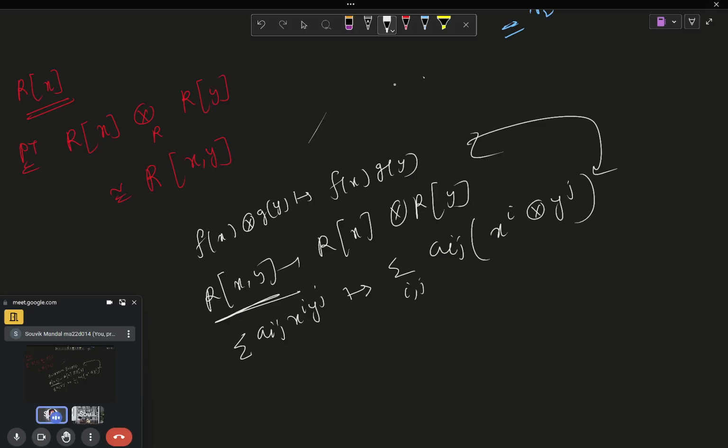No, no. You need to define maps. Without defining maps, it is almost not possible to show isomorphism in tensor products. That is the problem with the tensor product. You always need to go with explicit maps.